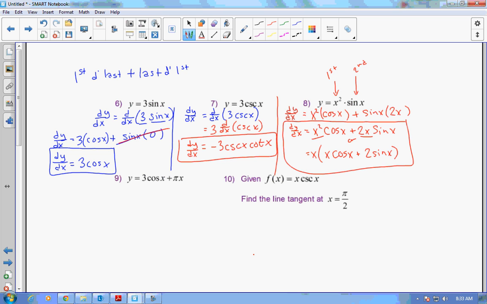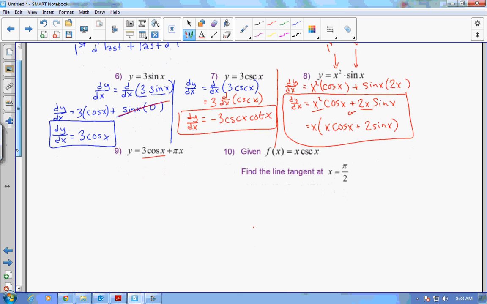Number 9. How many product rules are there in number 9? Depends how you look at it, right? Is there a product rule right here? You could do a product rule, but you would notice one will have a 0 and cancel out once you take the derivative of the 3.